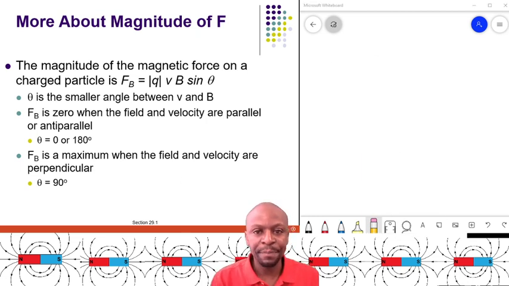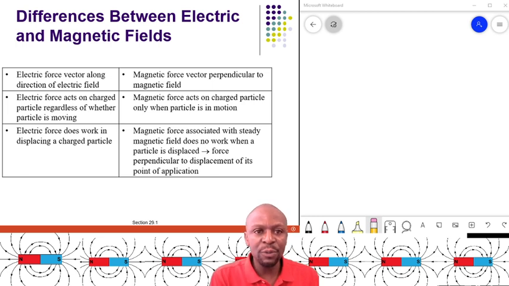All right. Now let us also compare the differences between the electric and magnetic force. For example, the electric force vector is always in the direction of the electric field, but the magnetic force vector is always perpendicular to the magnetic field, as I've just shown you.